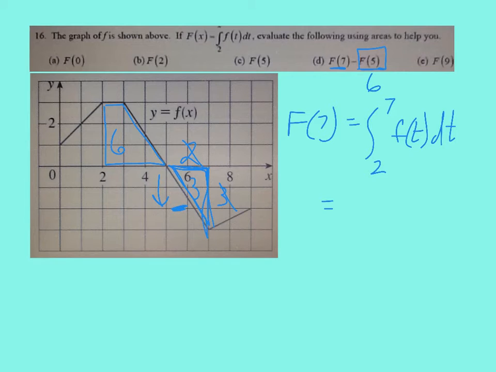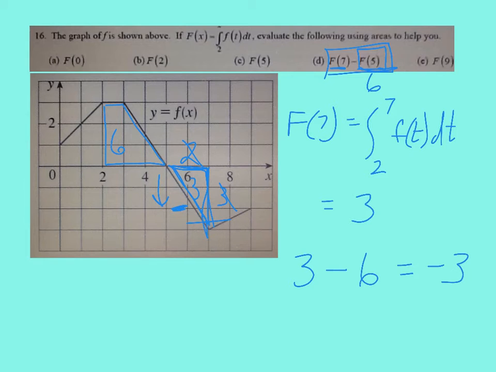So altogether then, F of 7 will be positive 3. 6 minus 3, so positive 3. So now our question, if we go back up here, we have F of 7, which is 3, minus F of 5, which is 6, and that will be negative 3.